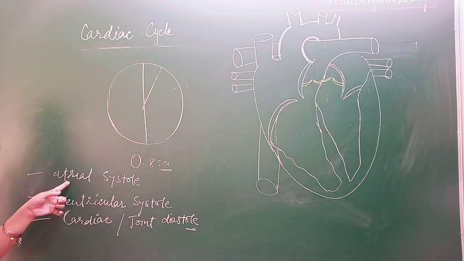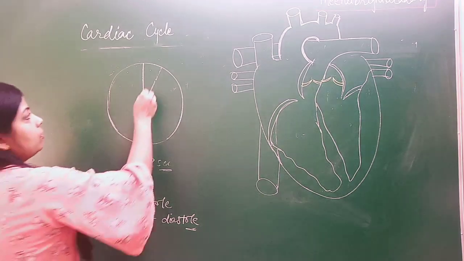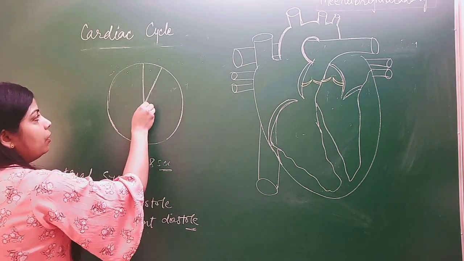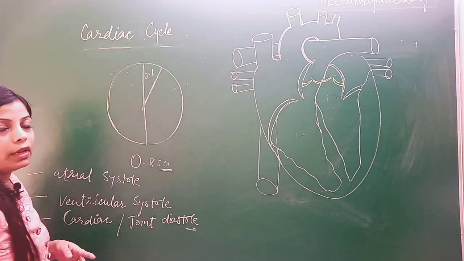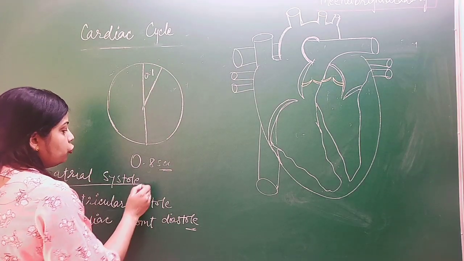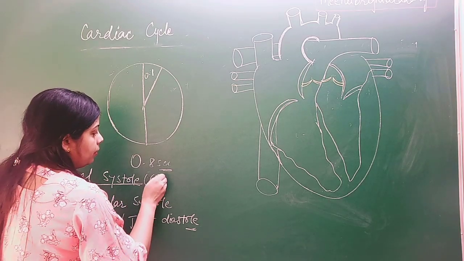For atrial systole, this compartment is for atrial systole, which is of 0.1 second. Systole means contraction.